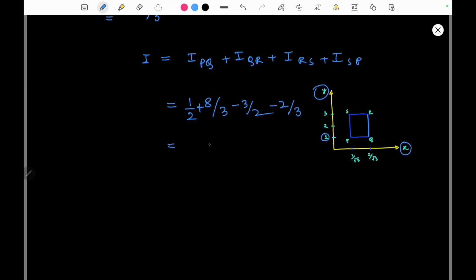Now let's calculate what is coming here. 6 will be in the denominator. Now what is coming here? 3 plus 16 minus 9 minus 4. So it will be 7, 3, 10 minus 4, 6 by 6 equal to 1.